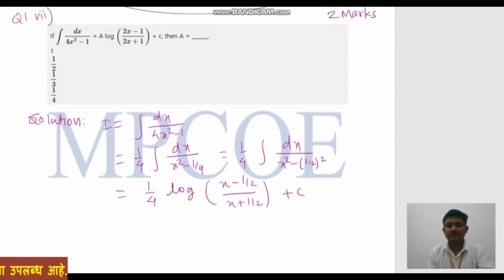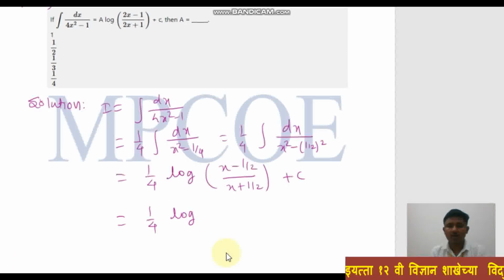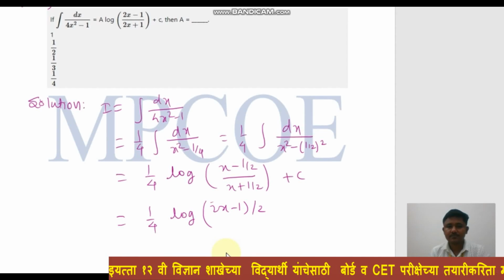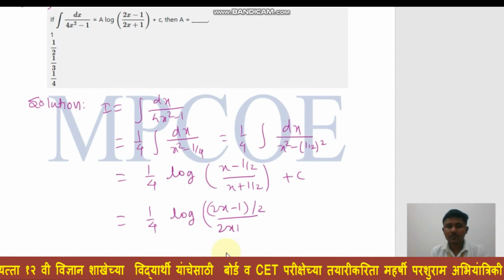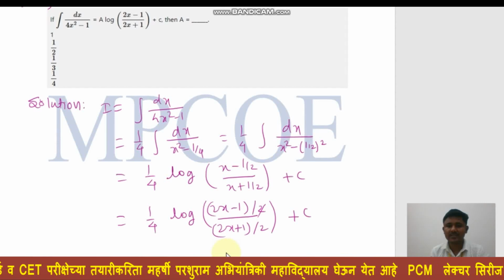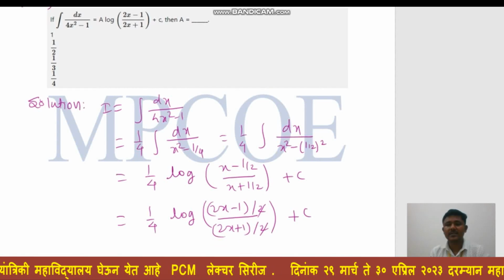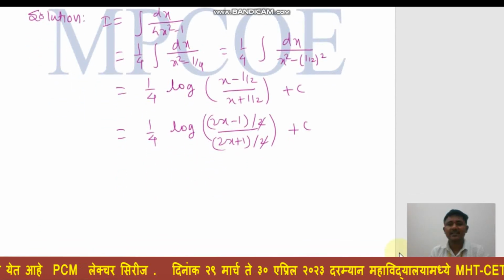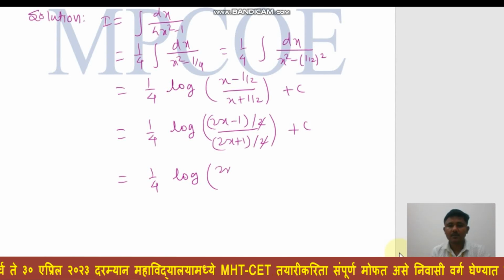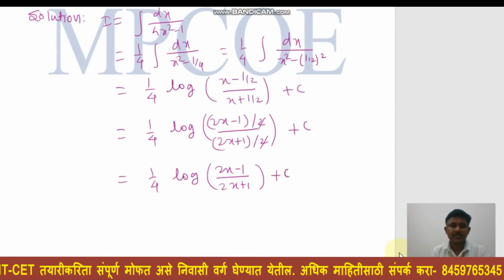Now this will be 1 by 4 into log of, this can be written as (2x minus 1 upon 2) divided by (2x plus 1 upon 2) plus c. So this 2 is cancelled with this 2, because in the numerator and denominator the same quantity is there. This will be 1 by 4 log of (2x minus 1) upon (2x plus 1) plus c.